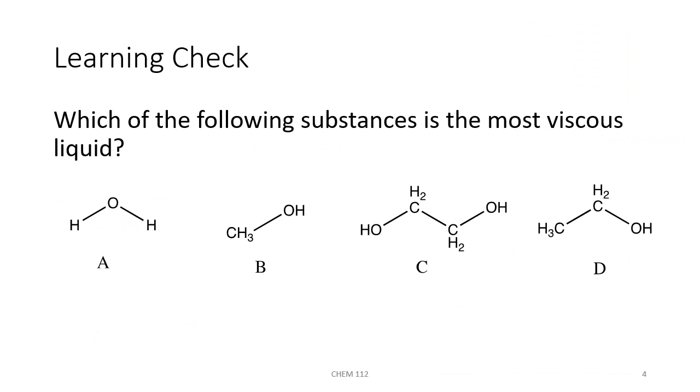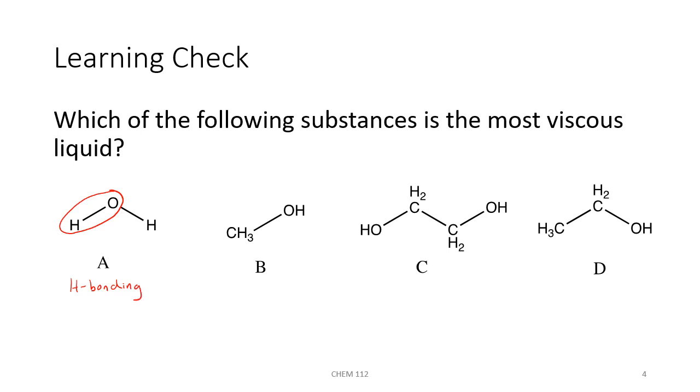Which of the following substances is the most viscous liquid? In order to answer this, we first need to determine which intermolecular forces are present amongst the molecules. A is water, and in water we can see that there is an OH bond present. Therefore, it will have hydrogen bonding.